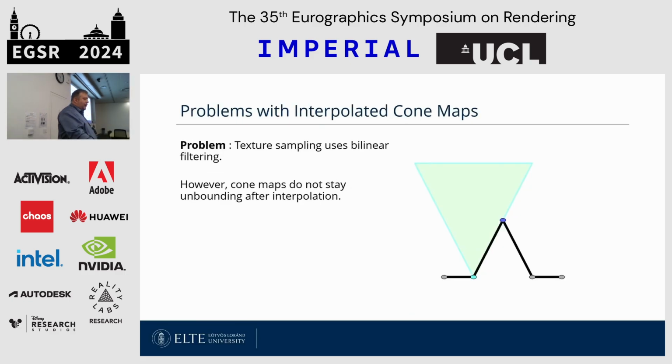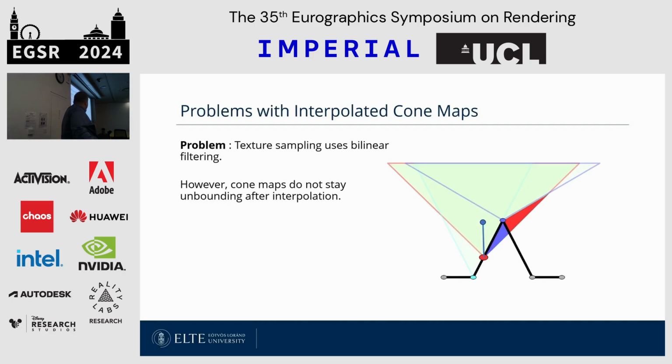Usually, the cones are sampled with bilinear filtering, as usual in graphics. So for example, there is one cone here, one cone in another pixel, but when we are sampling between them, what we see is that the resulting cone will not be unbounding.